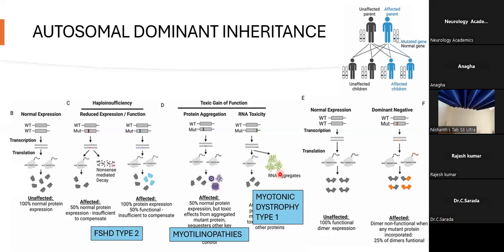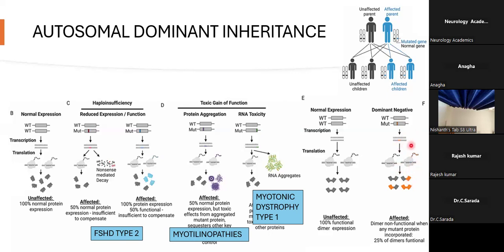hence resulting in the disease manifestation. So another mechanism by which the autosomal dominant inheritance can manifest is by the dominant negative function. So the dominant negative action occurs in proteins which have to polymerize to function adequately. So here the mutant allele causes a mutant mRNA. So this results in a mutant form of the protein.